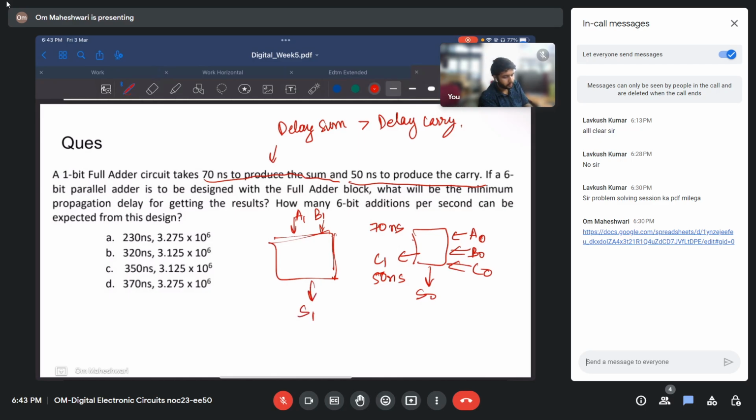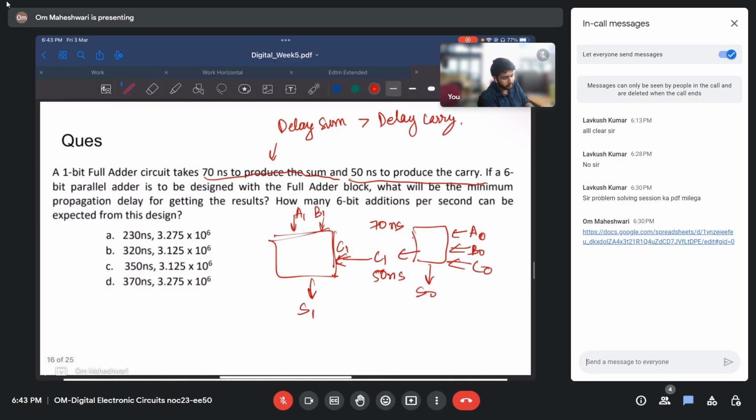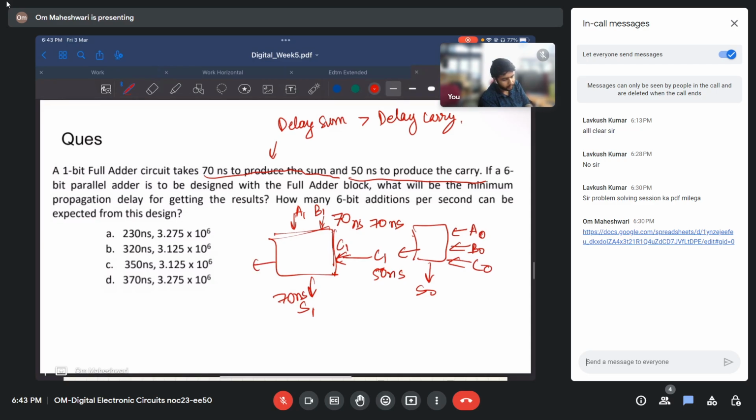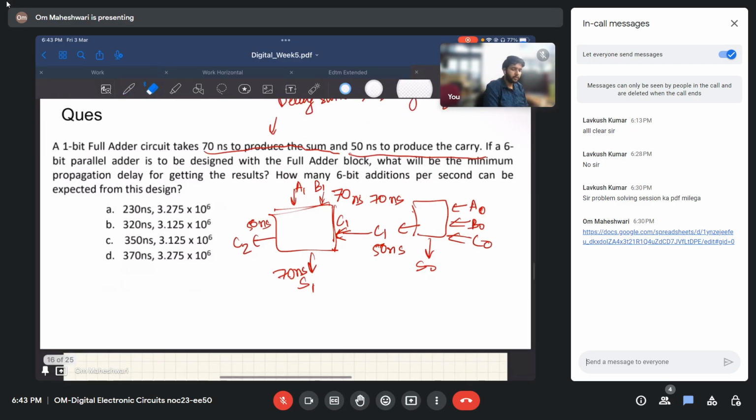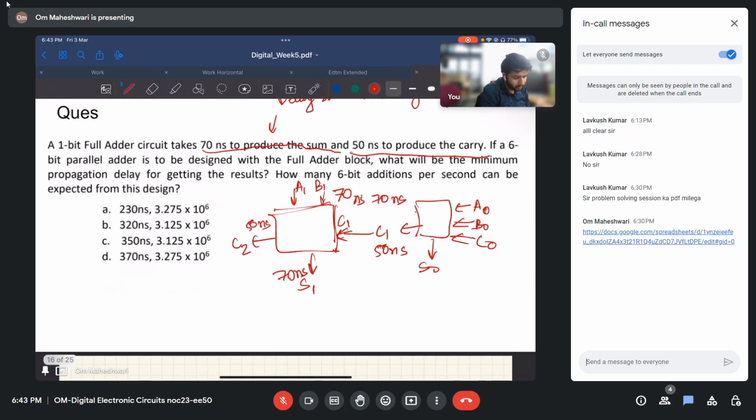This C1 goes to the next block, and then this sum will take another 70 nanoseconds. If we have A1, B1, and C1, then after 50 nanoseconds we get C2.